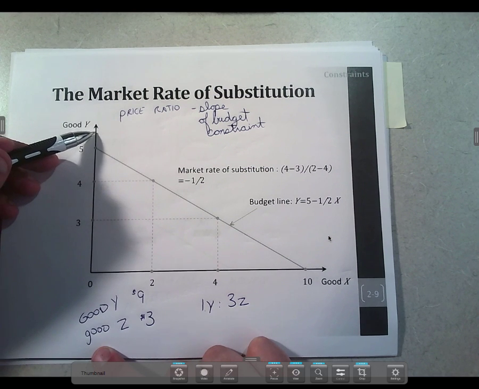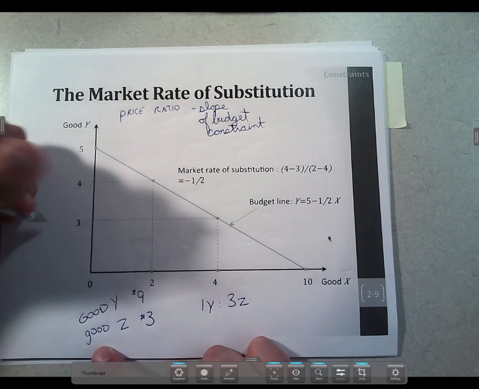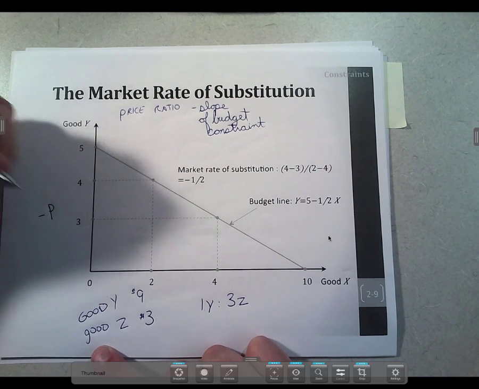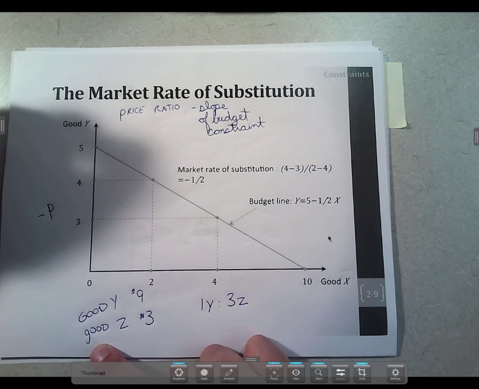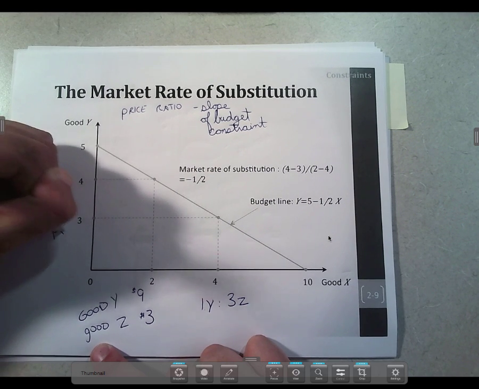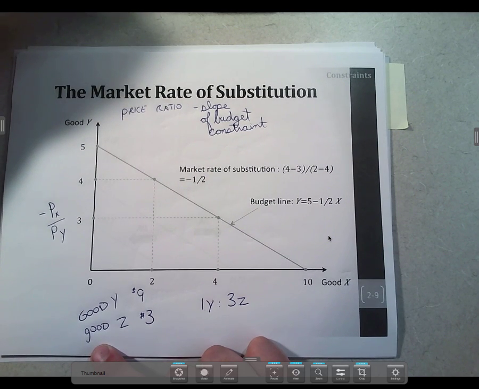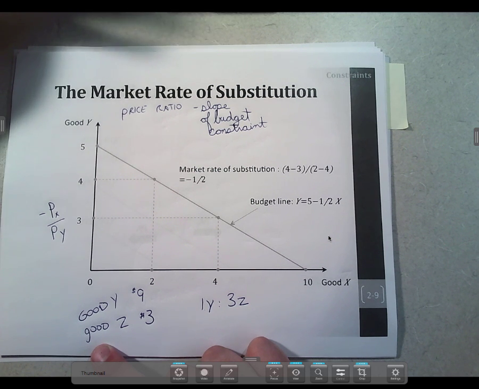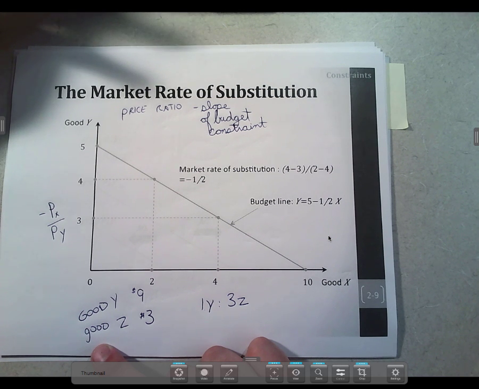And if we then look at that in terms of the slope here, what I'm doing is understanding it as the negative ratio of my two products. Negative because it is downward sloping. It implies that trade-off, or one having to be reduced for the other to be increased.